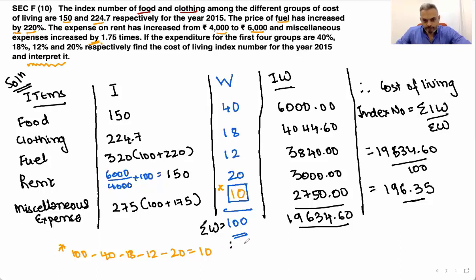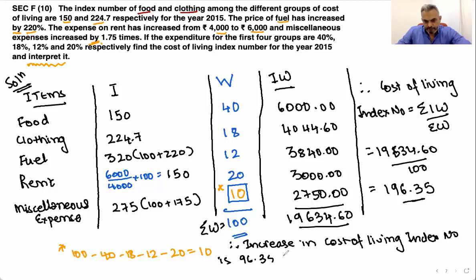Therefore, the increase in cost of living index number is 96.35 percent, that is 196.35 minus 100, as compared to year 2000.